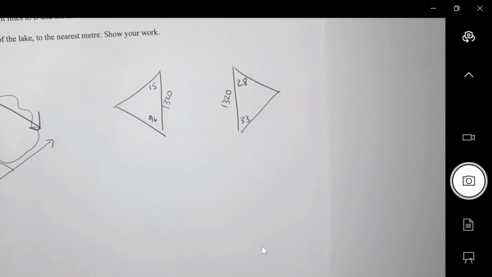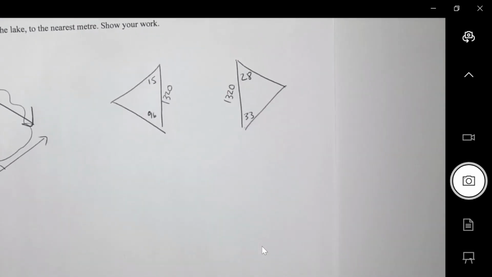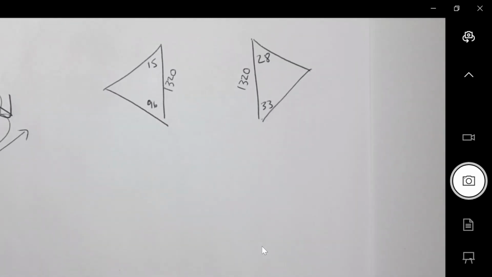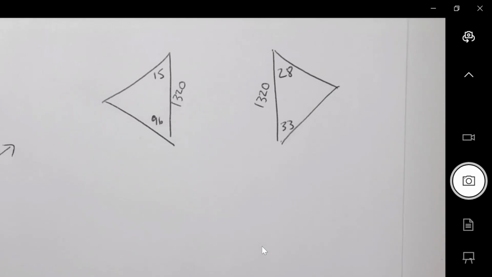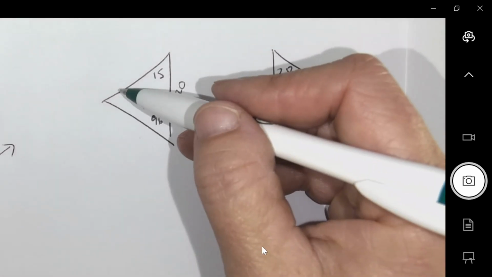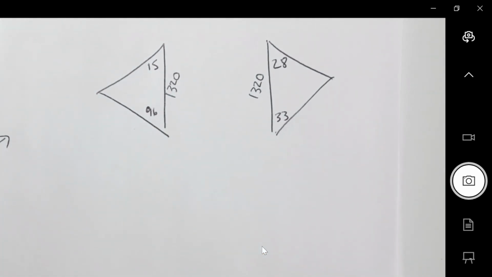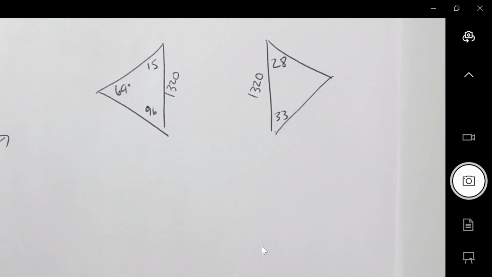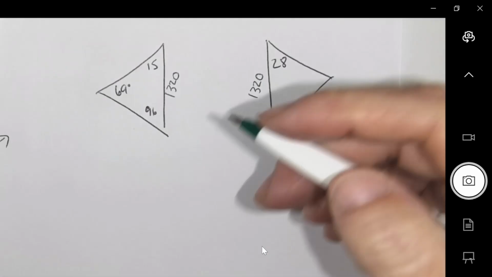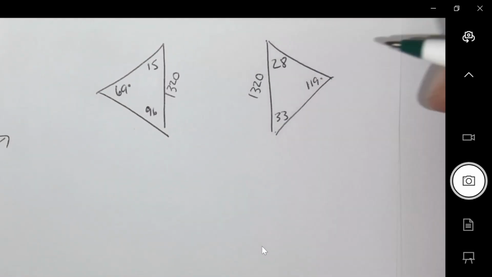You don't have to, but I'm going to. Okay, let's get the last angle in each triangle. Each triangle is missing one angle. Like I said, I'm sorry, mine is not drawn to scale, but figure it out.